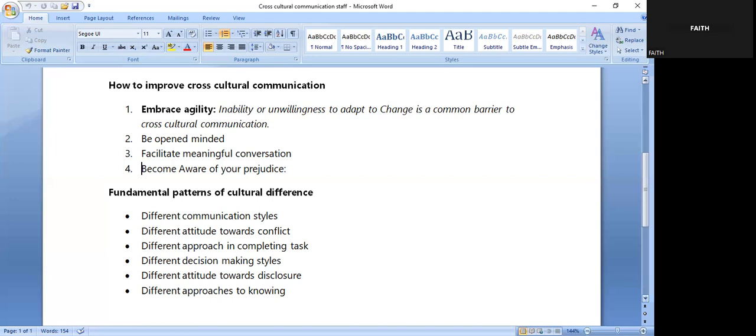Then, difference in decision-making styles. For example, in the context of Africa, when a team is sent for a project and a question is asked, the leader is expected to be the one responding.